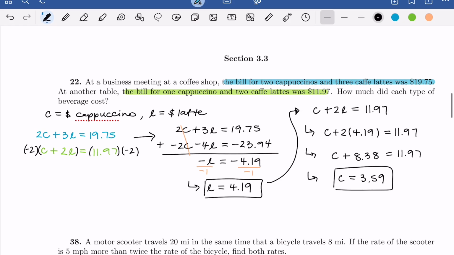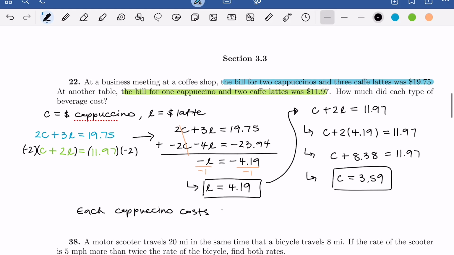So this tells us that each cappuccino costs $3.59, and each latte costs $4.19. So those would be our final answers.